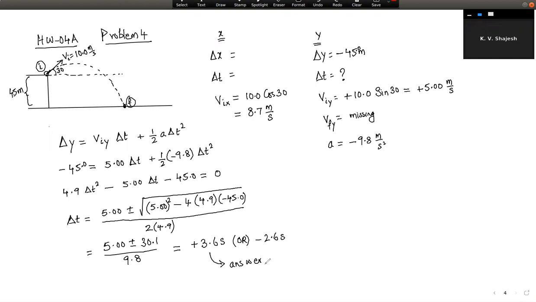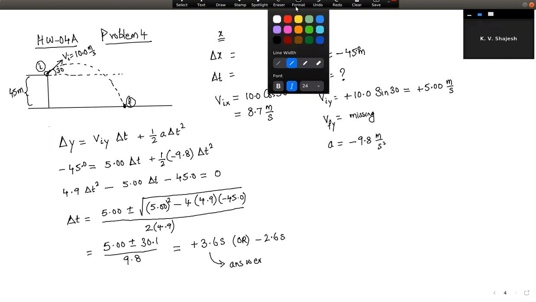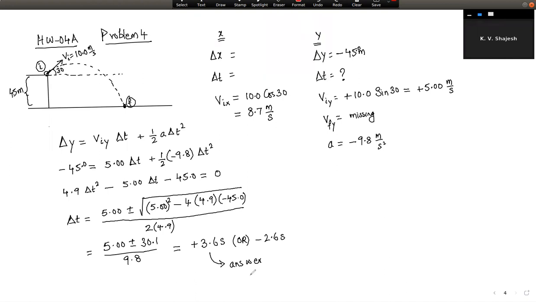Now they ask you, how will your answer change if the stone is thrown downward at an angle? So now see the changes that will happen. Let me use a red color for this. When you throw the ball downward, the same thing is happening here.